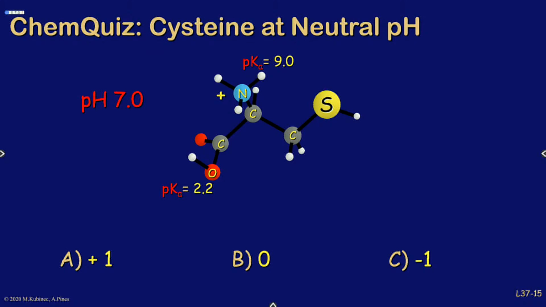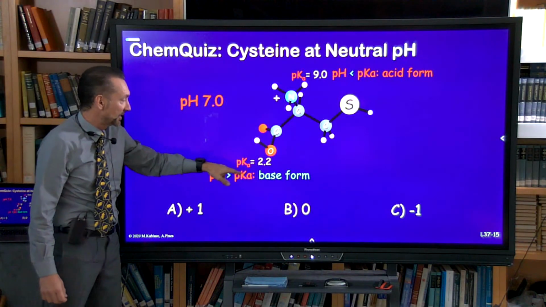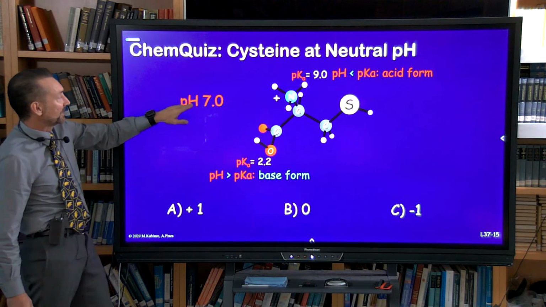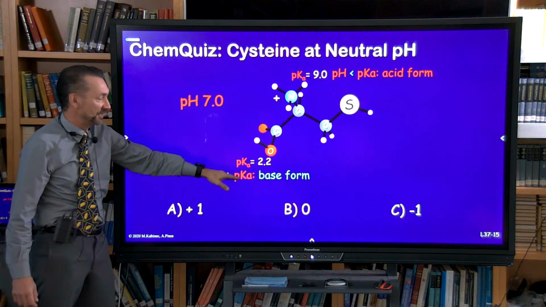We want to get to pH 7, I think the question was. I should read the questions more, but let's just go to pH 7, see what the animation does, follow along. So here it is. That pH is much less than the pKa, so that's the acid form. When the pH gets greater than the pKa, we'll get the basic form here. We haven't done that yet. At 7, the pH will be greater than this pKa.